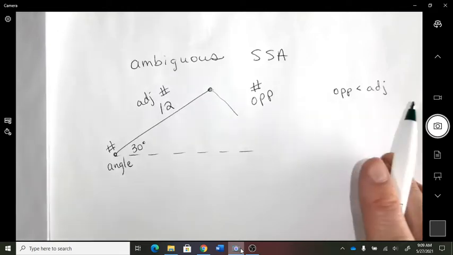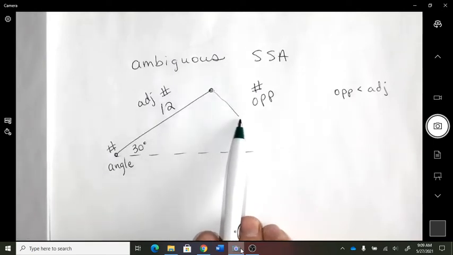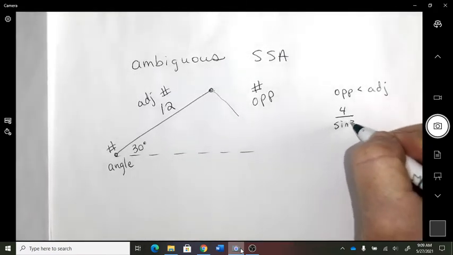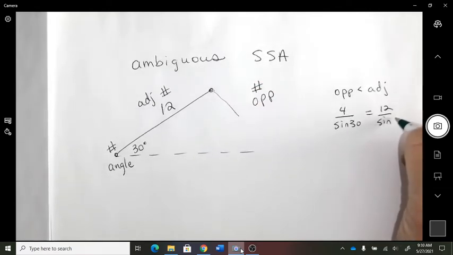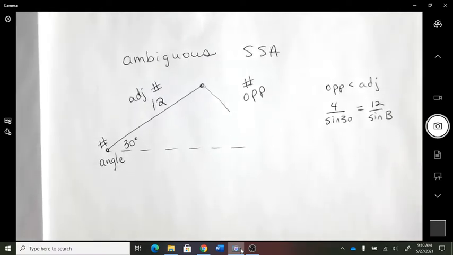So what do you think? Give me a number that might not work. What could this be that's not going to work out? Like a 4, right? A 4 is probably not going to reach. If I did this, 4 over sine 30 equals 12 over sine B, what do you think is going to happen on my calculator?